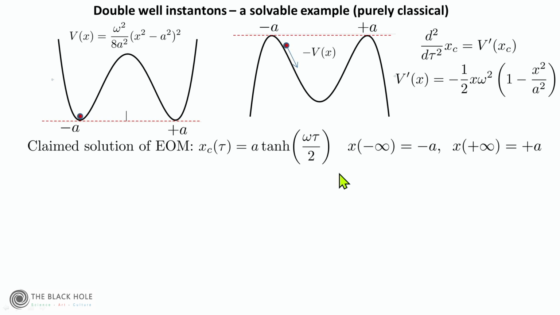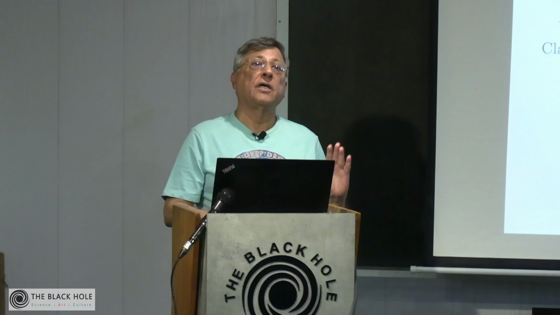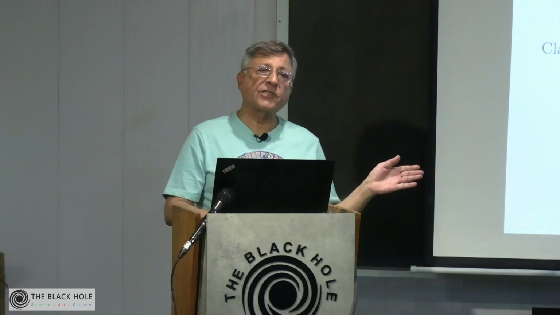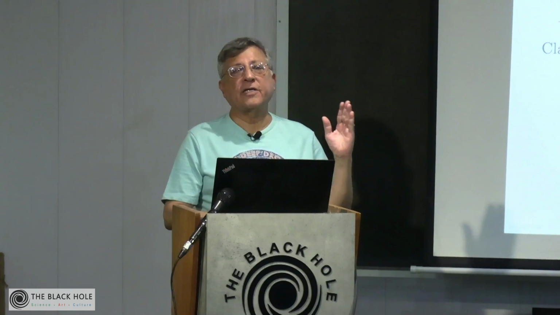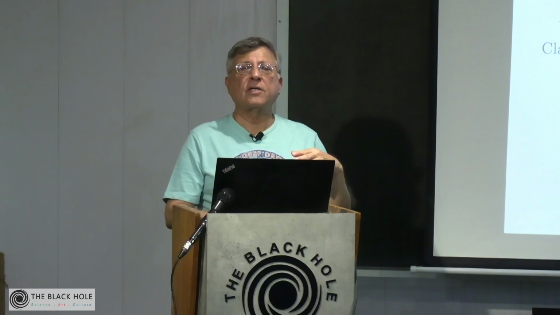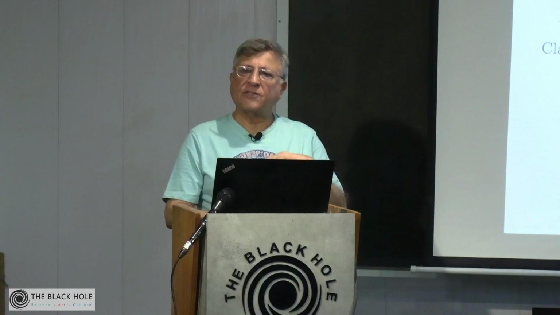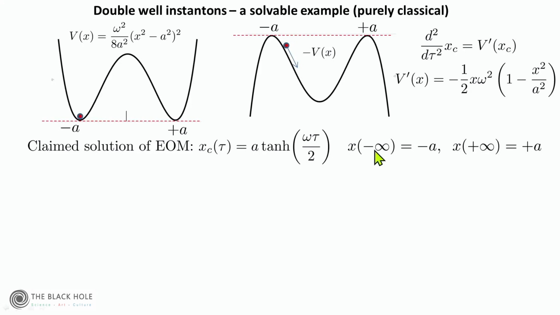It obviously obeys the right boundary conditions because at minus infinity, hyperbolic tan goes to minus 1, and at argument plus infinity, hyperbolic tan goes to plus 1. So we have minus a and plus a.